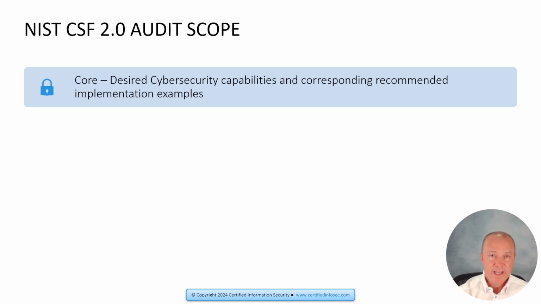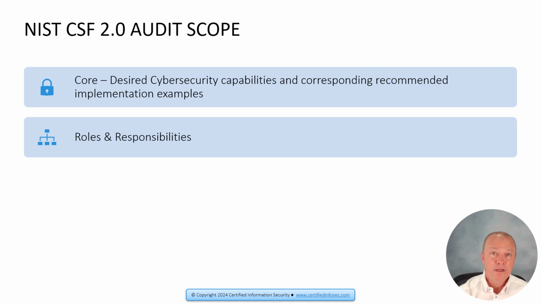So auditing a cybersecurity program against NIST CSF 2.0 recommendations begins with auditing the core. The core are the desired cybersecurity capabilities and corresponding recommended implementation examples. We'll then audit the roles and responsibilities that have been allocated throughout the organization to execute the implementation recommendations of the core.